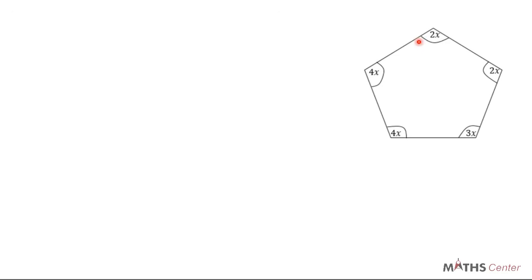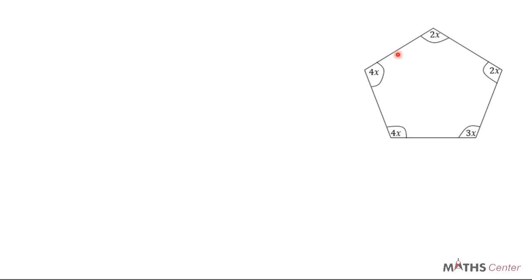If we are able to find the sum of the interior angles of this polygon, then we can add these together and equate it to that sum. If this were a quadrilateral, the sum of the interior angles would be 360 degrees, so we would add everything here and equate it to 360 degrees.